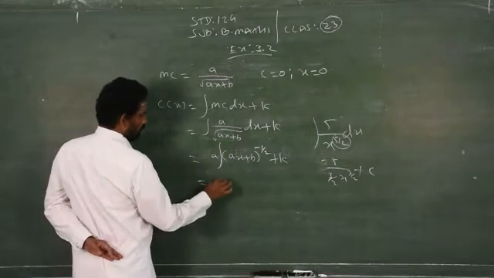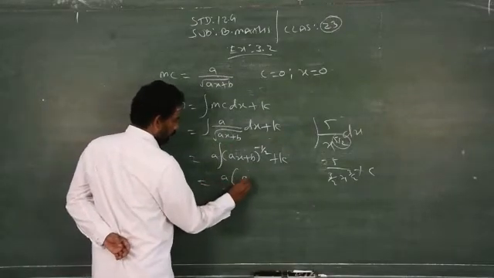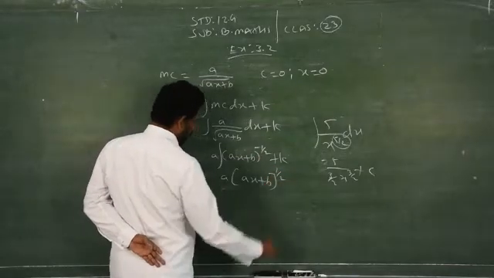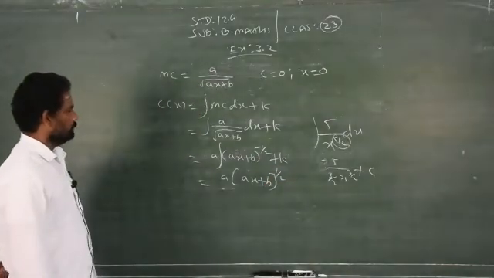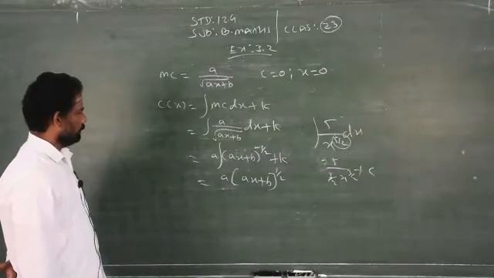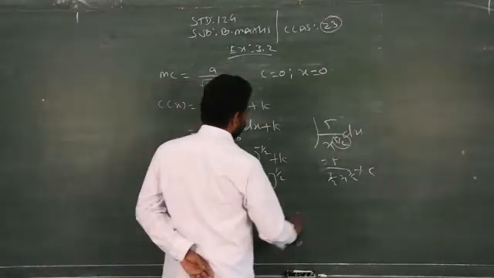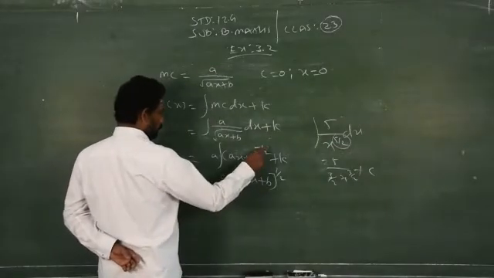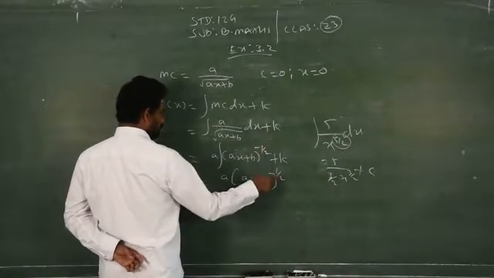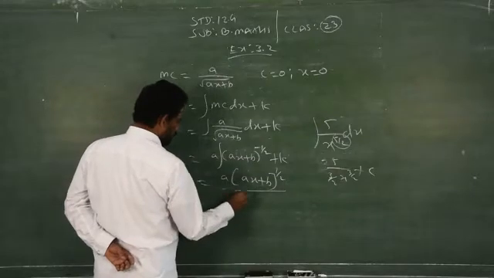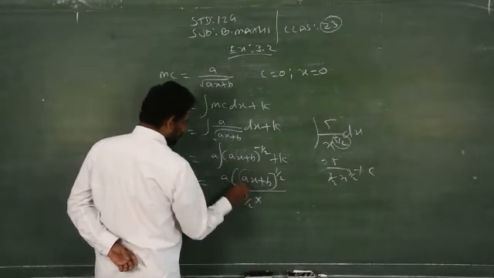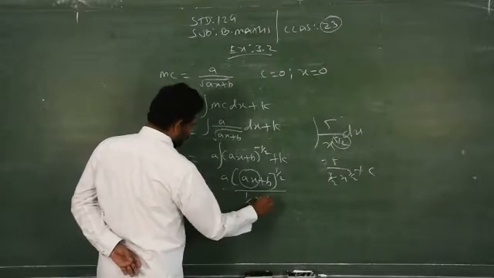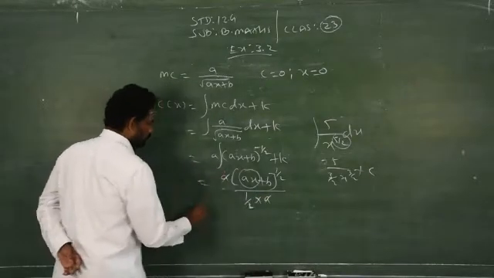Now we integrate AX plus B. Add 1 to minus 1 by 2 and it will become 1 by 2. That will be in the denominator, into the differentiation of the x term, that is a, which gets cancelled, and 2 goes to the numerator.